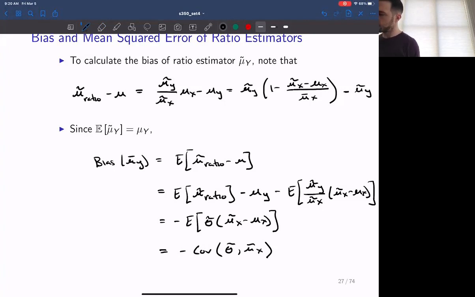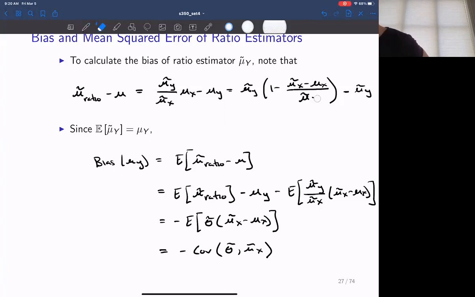Okay. All right, so from this, we can make a few clarifying points about the variance of our estimate here. Sorry, this is not mu tilde.